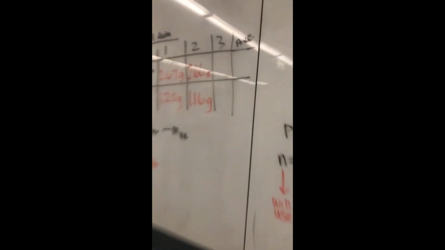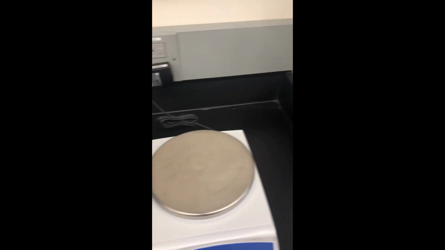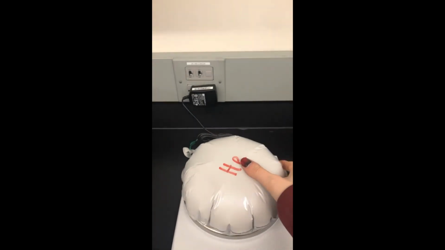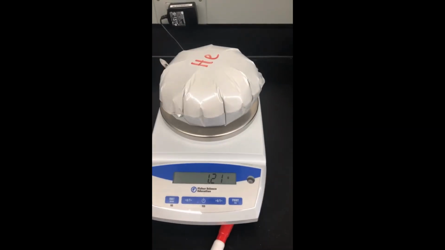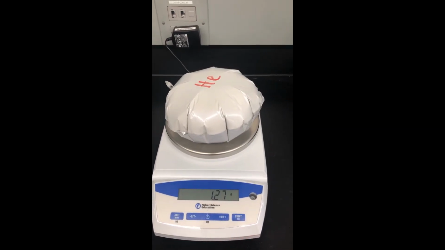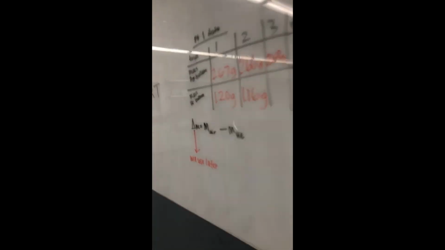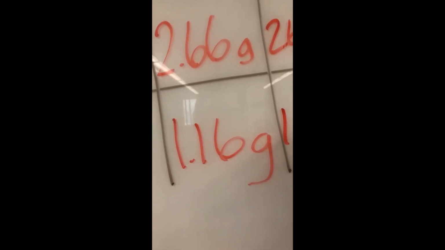I'll come on over and record it here. And as you can see, I've already done those first 2 trials for us. I'm only going to illustrate the last one. The mass of the helium balloon looks like it's 1.27. So I'll plop that guy right here.